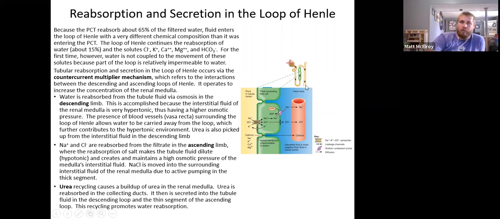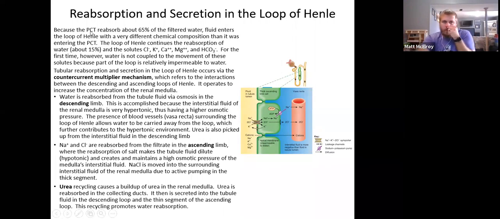Okay. We're going to be performing both reabsorption and secretion here. It's a complicated process, so let me read through and explain what's taking place. Okay, because the proximal convoluted tubule reabsorbed about 65% of the filtered water, fluid that enters the loop of Henle has a very different chemical composition than it had entering the proximal convoluted tubule.